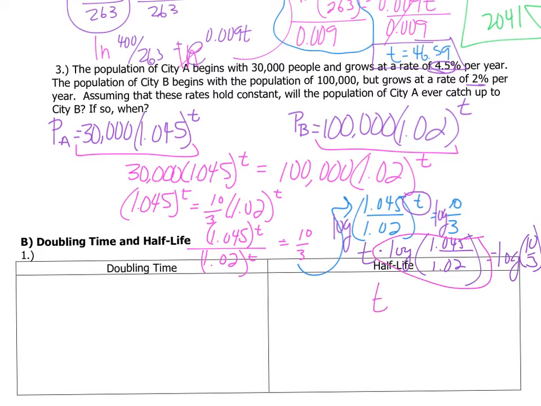When all is said and done, t should equal 49.72 years. Okay, so make sure that you're getting these correct values on your calculator.